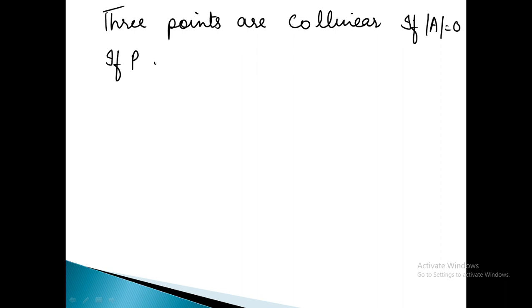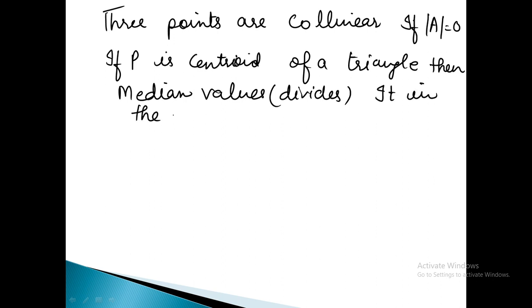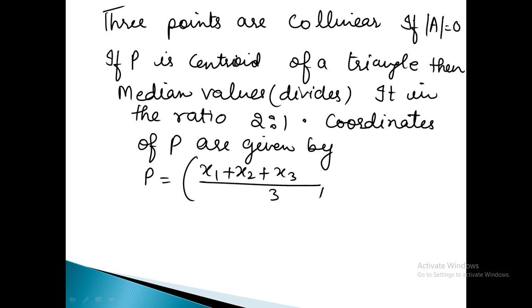Second, if P is the centroid of a triangle, then we have to find the medians, or you can say the median divides it in the ratio 2:1, and the coordinates of P are given by this formula: (x1 plus x2 plus x3) over 3, (y1 plus y2 plus y3) over 3.